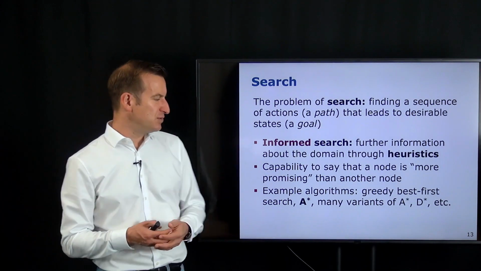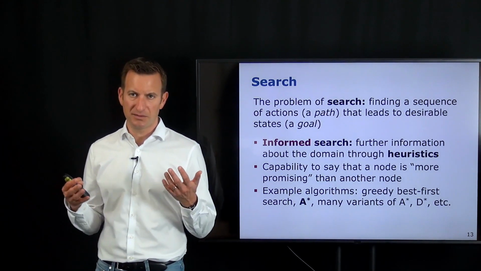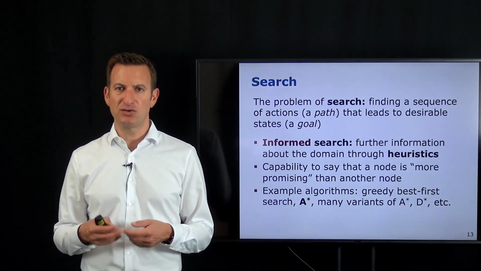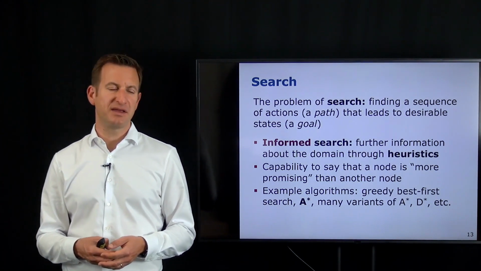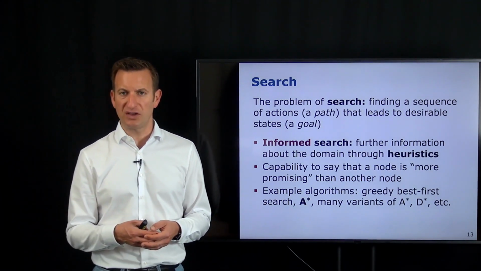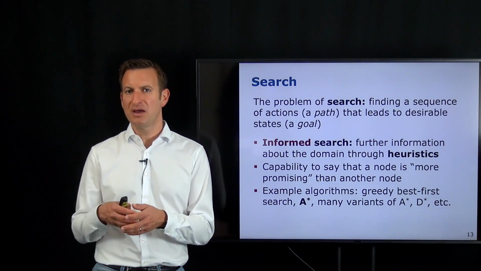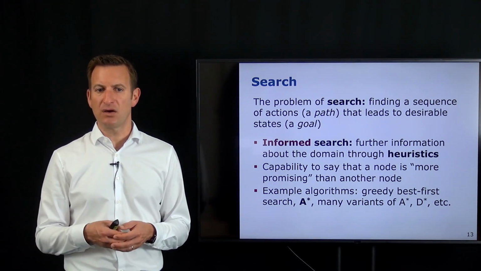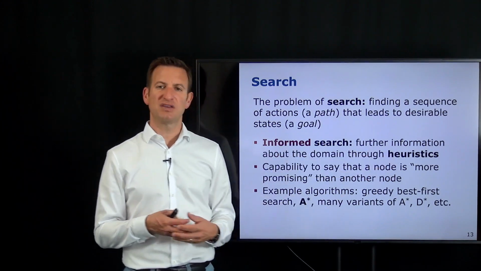So informed search uses further information about the space the robot is in in order to guide the search, to push the search in potentially the right direction. That is something that we often call a heuristic. So we use a heuristic function that tells us something about how likely it is that I'm actually coming closer to my goal, at least an estimate. It doesn't need to be correct information; it can be just a guess.